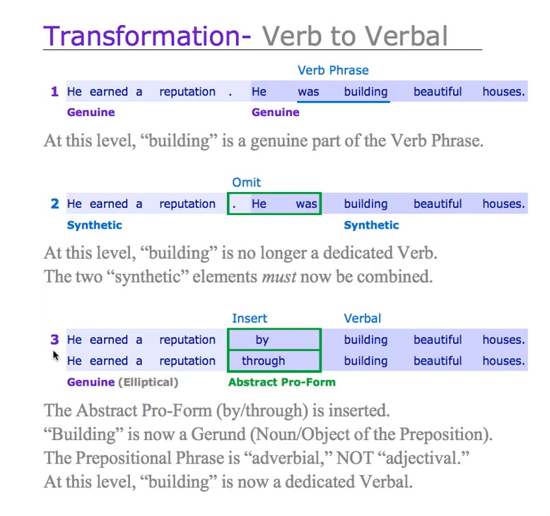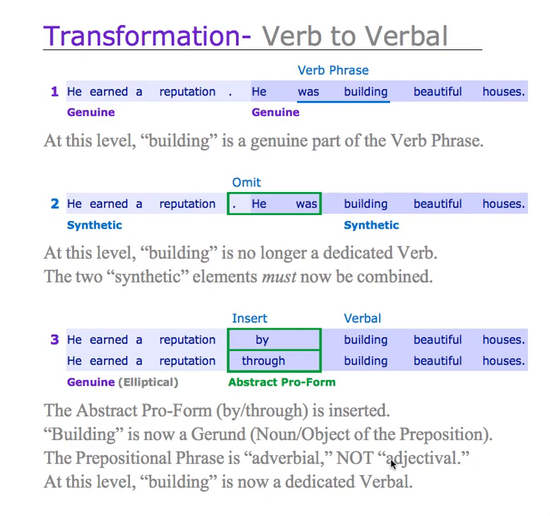Now here at this level, okay, the abstract proform by or through, either one, is inserted. Building is now a gerund. Why? Because it's functioning as a noun. It's the object of the preposition. By and through, they're prepositions. The prepositional phrase, by building beautiful houses, is adverbial.